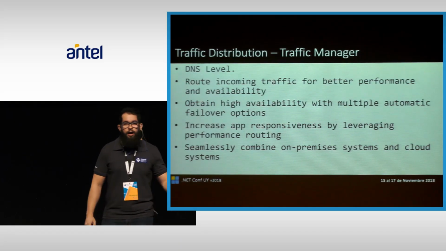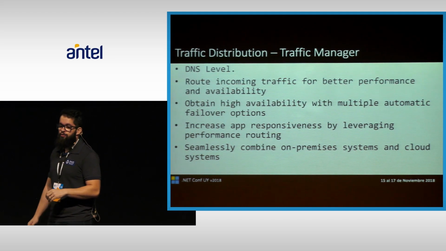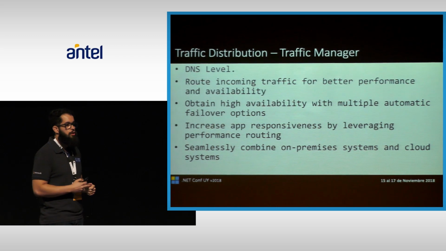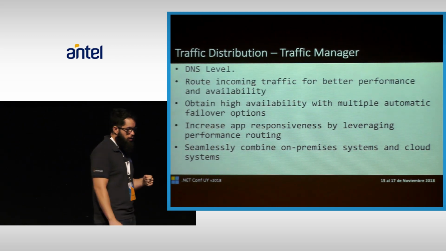You can distribute by weights, so 50-50%, 60-40, 70-30, 80-20, 90-10, or anything like that. You can spread your traffic across multiple services, okay? It increases your app's responsiveness, especially when you need to run an application globally in multiple countries, okay?